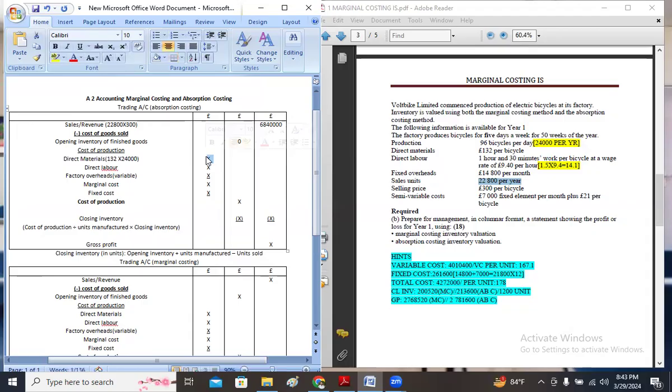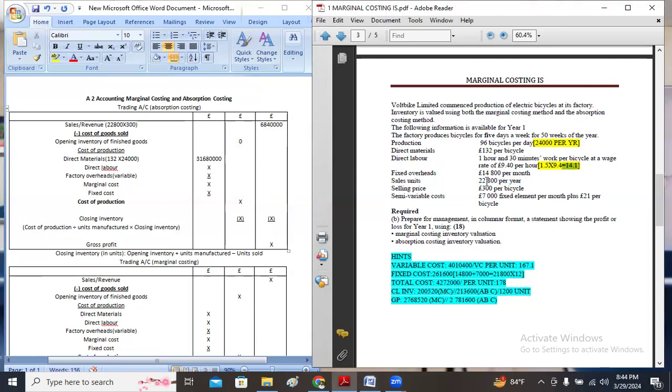132 multiplied by 24,000 is 3,168,000. Now direct labor, we've already calculated 14.1, that is 1.5 into 9.4. It is also per bicycle.